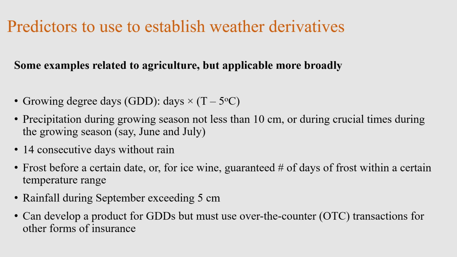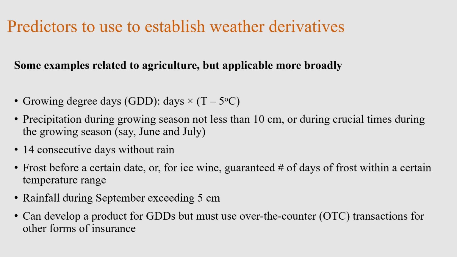Precipitation during the growing season, not less than 10 centimeters, or during crucial times during the growing season, say June and July. So in other words, we can create an instrument that is based on how much precipitation or how many days of precipitation during the season that are below 10 centimeters of rainfall.